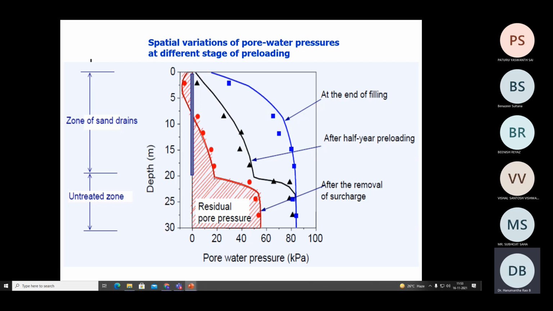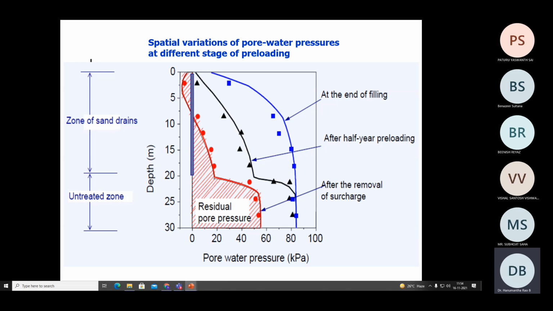You can also see some influence right beneath the PVD, but only to a certain depth, especially from 20 to 25. Here the initial pore water pressure was 80, but it was reduced to approximately 50 kilopascals, but not beyond that.